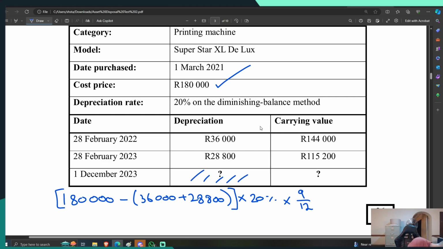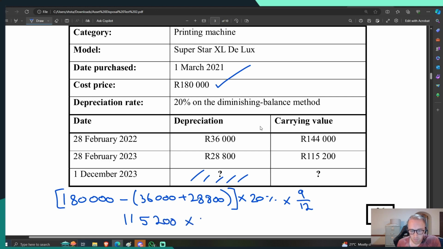Now I have a calculator here. We're going to first add together those two figures, 36,000 plus 28,800, and that is 64,800. So 180,000 minus 64,800 is 105,200.